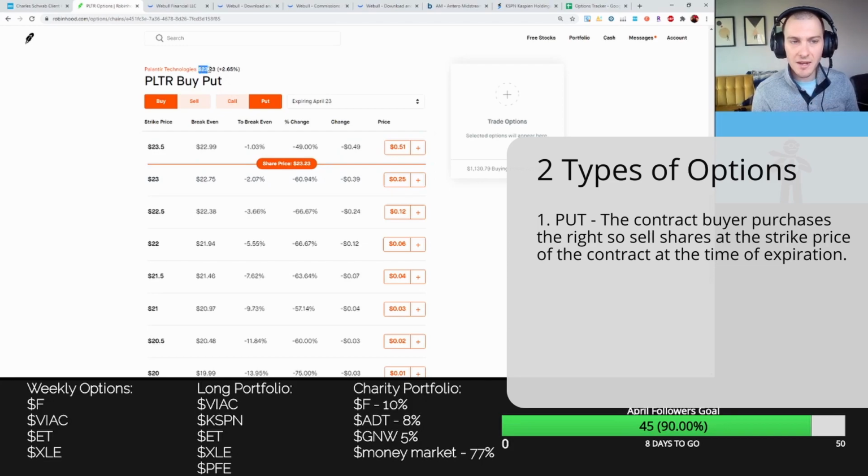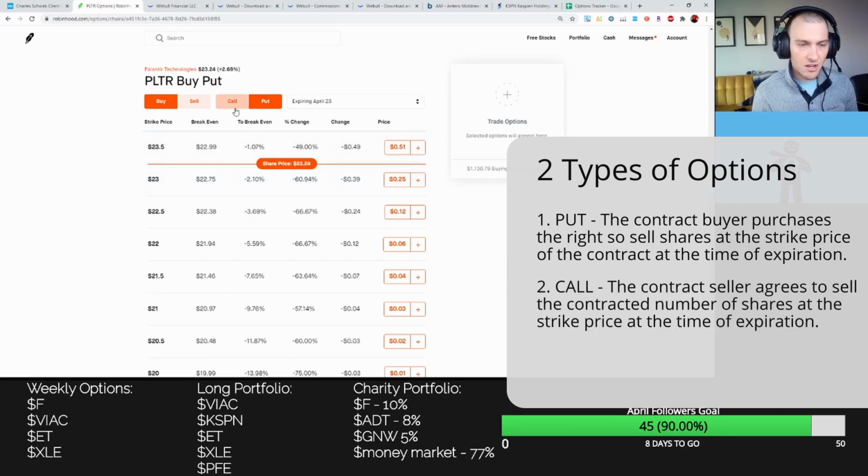I'm not going to buy my shares right now at 23.24. I'm going to wait and buy it from you tomorrow, hopefully at 23 if it drops a little bit. And if it doesn't, this option will expire worthless, and I will keep the 25 cents that you paid me for that right to sell it.